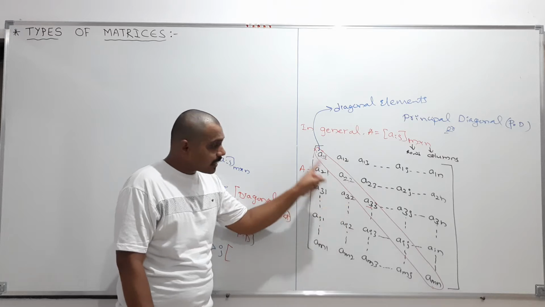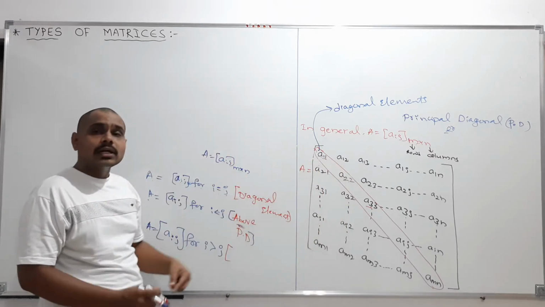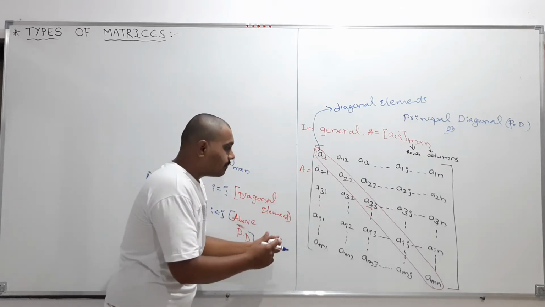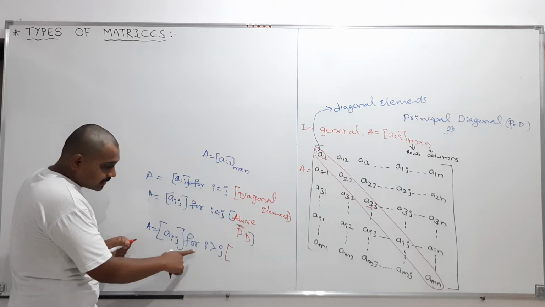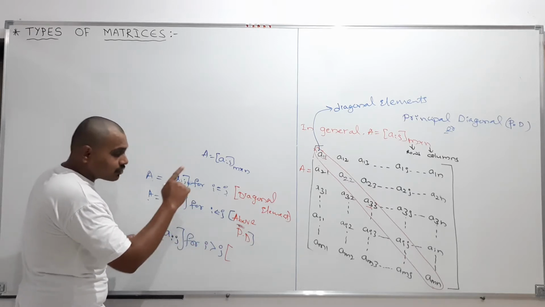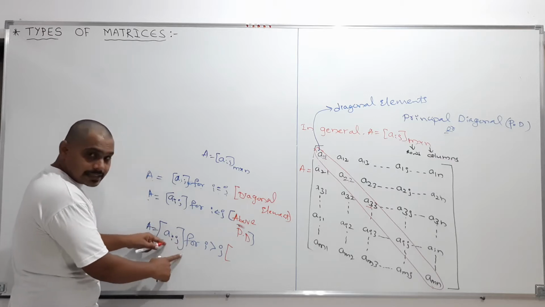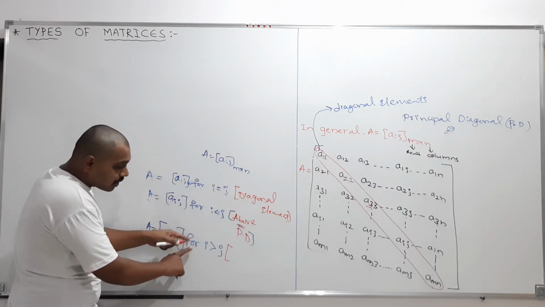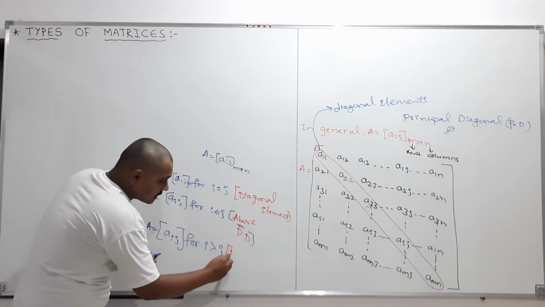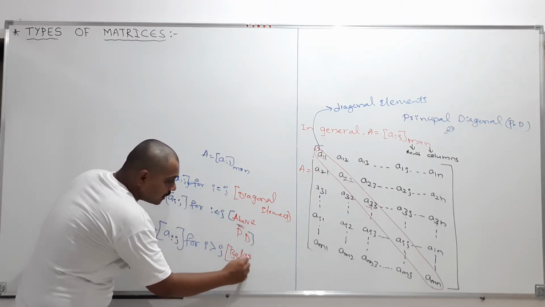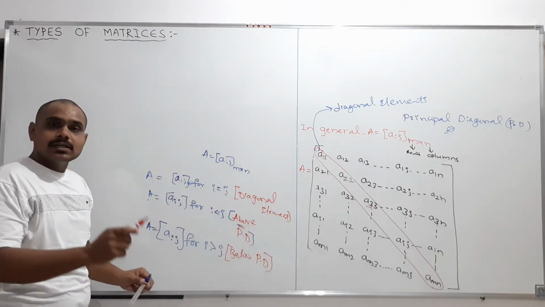So all the elements which lie below the diagonal satisfy this condition, A = Aij for i greater than j. So these are the elements which lie below the principal diagonal. Like this you should assume.